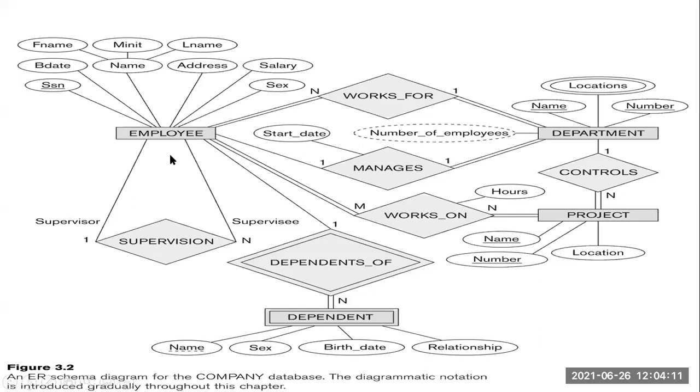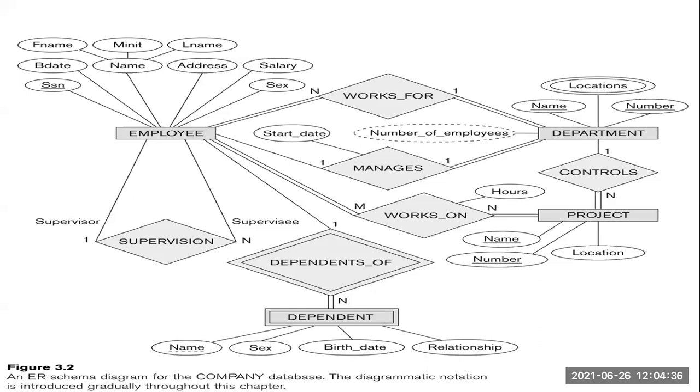When it is a double line, you have to say that it is a total participation. I will repeat. You have to say that it is a total participation when a double line is representing. And when it is represented from the entity to the relationship with a single line, you have to specify that it is a partial participation. What does a partial participation mean?